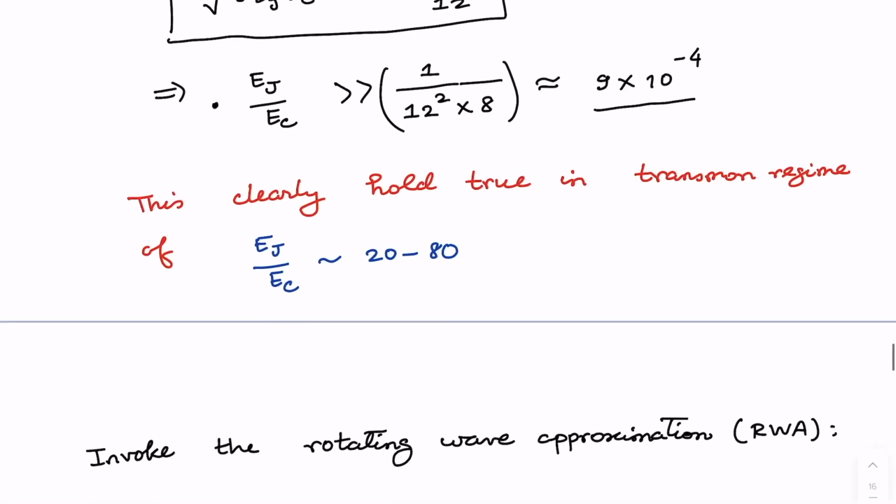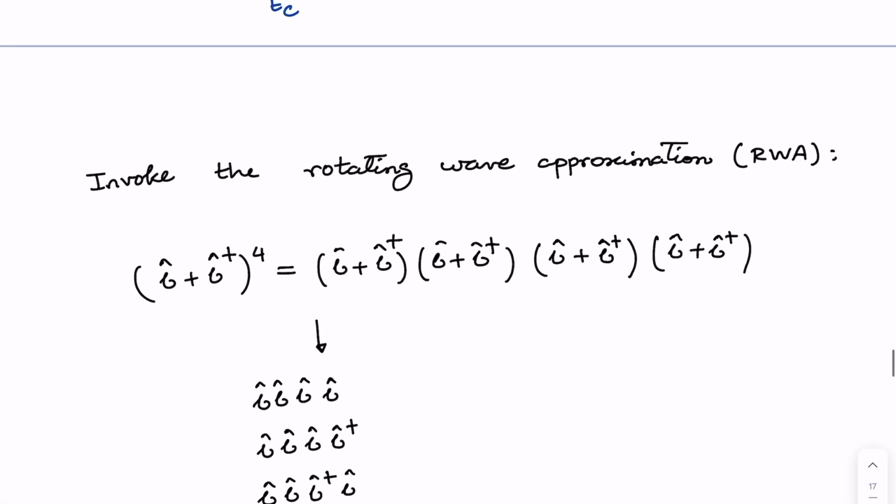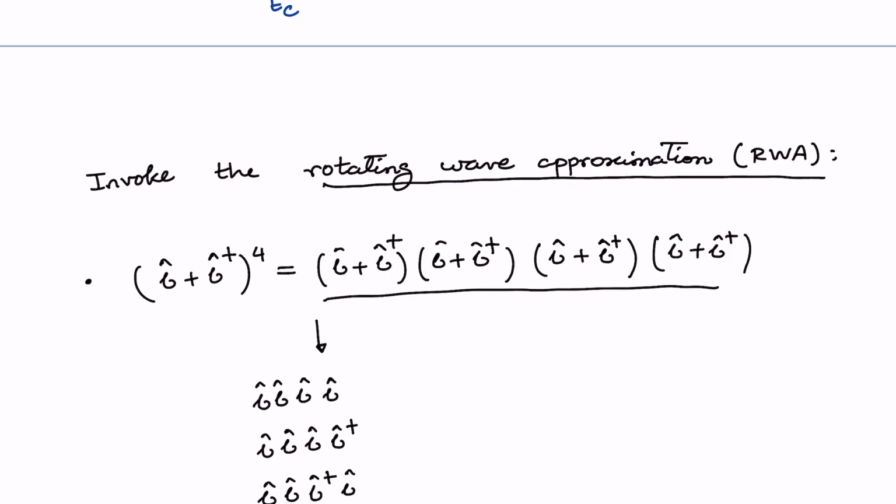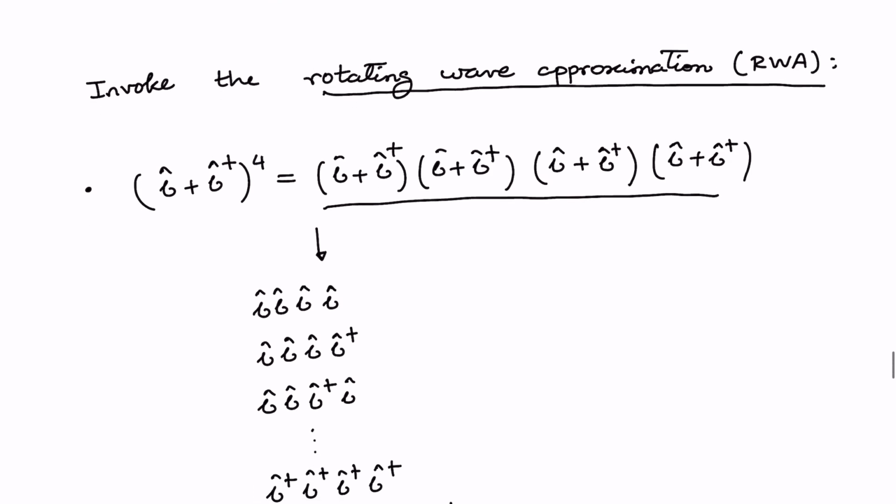Now we invoke the so-called rotating wave approximation. If we expand the last term in the Hamiltonian, which involves b plus b dagger to the power 4, then we are going to get several terms.